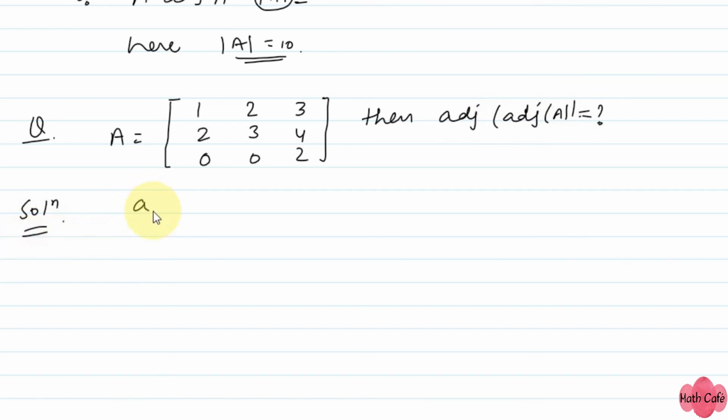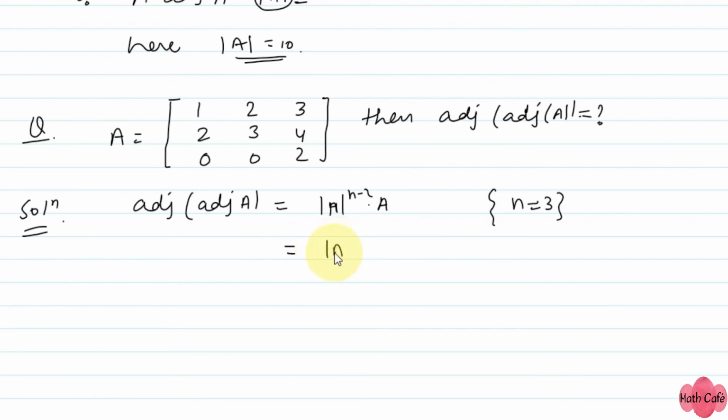As we know, adjoint of A is nothing but determinant of A power n minus 2 multiplied by A, where n is the order of the matrix. Here n is 3, so this expression will become determinant A power 3 minus 2, which is 1, so determinant A power 1 multiplied by A.